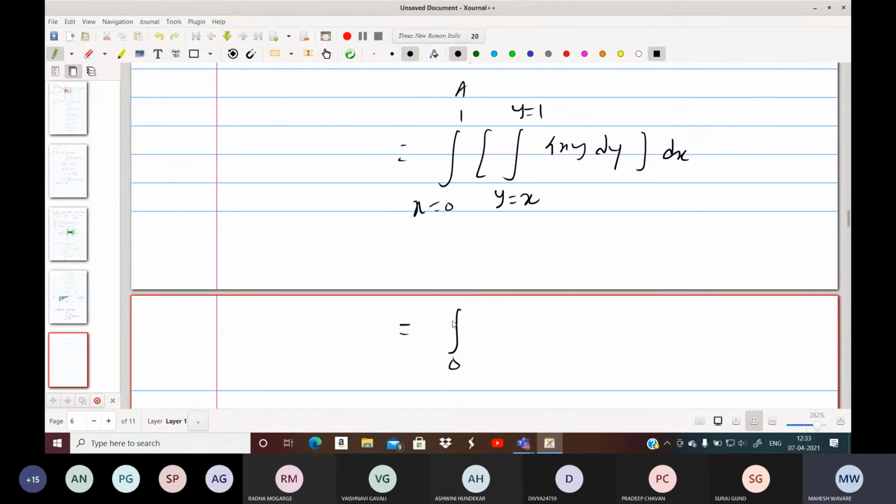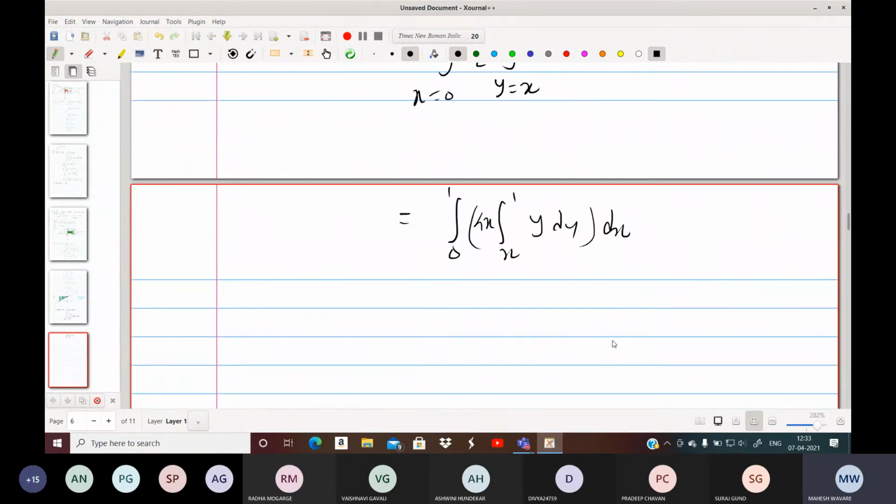Okay. So 0 to 1, x to 1. For x constant, you are integrating with respect to y first. And after integrating with respect to y, then integrate with respect to x. So 0 to 1, 4x, 4 can be taken out. So the integration of y is y square upon 2, from x to 1, dx.